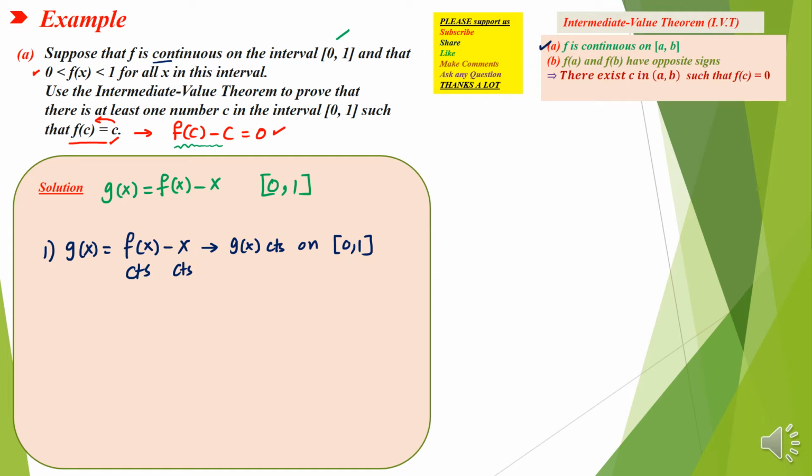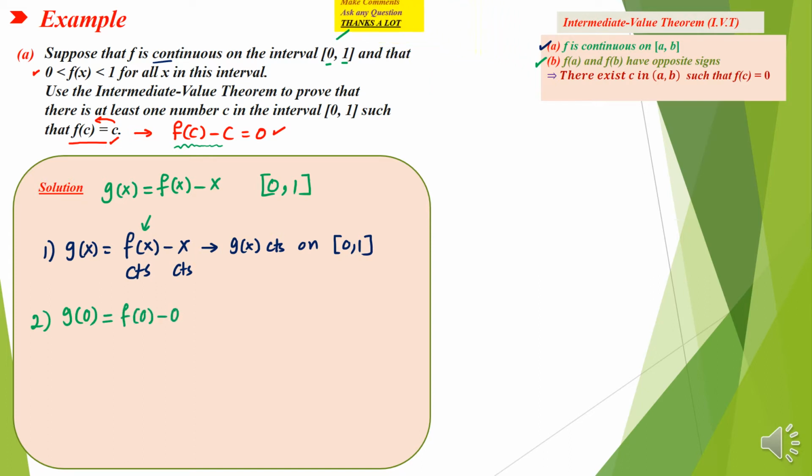Now you have to go to the next condition, and for the next condition you have to check the image of the endpoints under the function g. These are the endpoints 0 and 1, and we will start with 0. So g of 0, from the definition of g, is f of 0 minus 0, and this gives us f of 0.